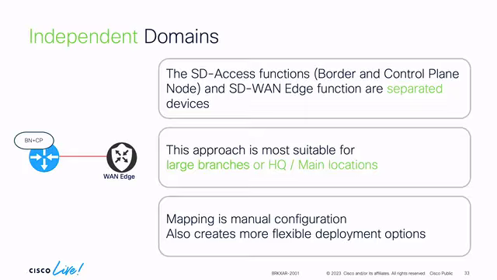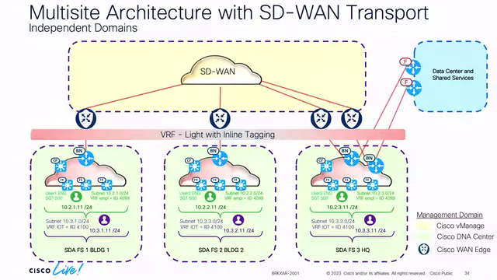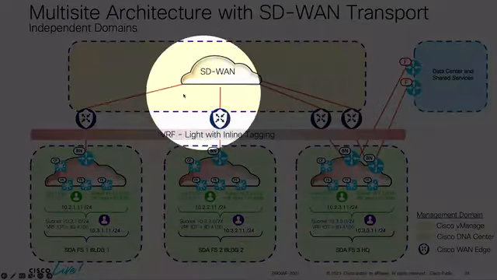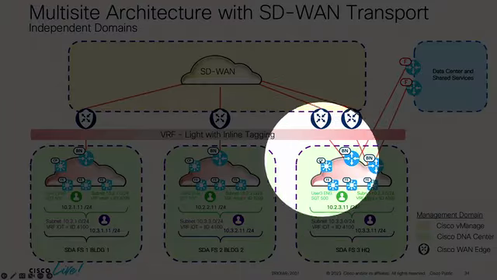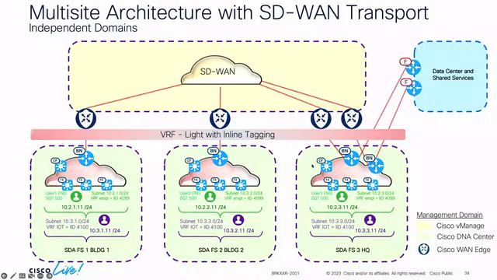I think we had this on the design phase, but where I want to go is, okay, what if I have multiple branches? You can have branches, of course, with a single C edge, with single borders and single control planes. You can build full redundancy. You can mix all of them. All of them are actually going in an IP transit between the campus and the wide area network. And in my example, you see that I connect my data center to the border node of the headquarter SD-Access, which is also the case in my lab.